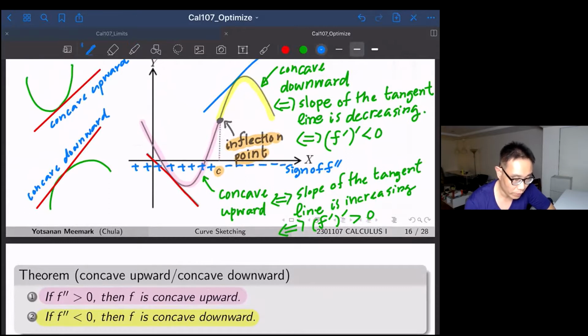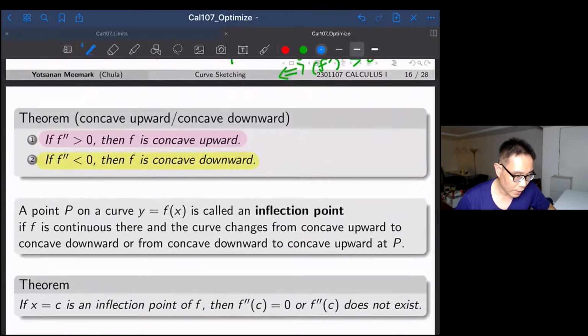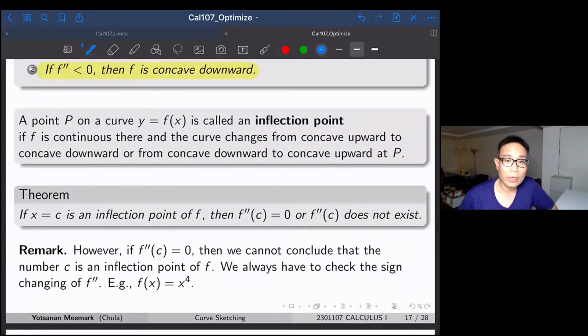This is used to determine concavity upward or downward. A point P on the curve where the function changes from concave upward to concave downward, or from concave downward to concave upward, is called the inflection point. This has a special name, like I said.